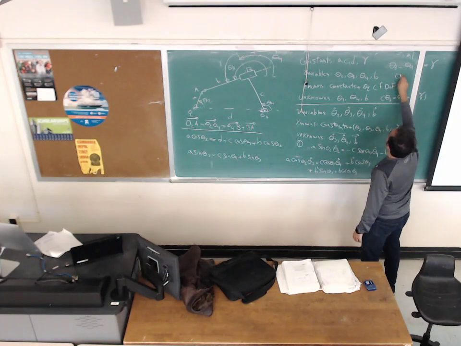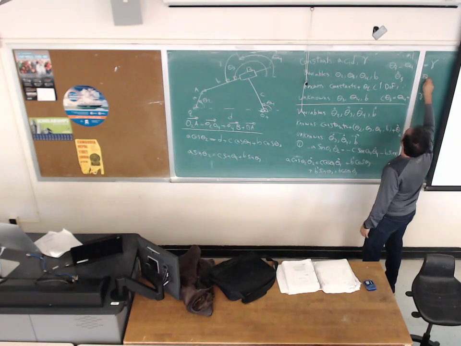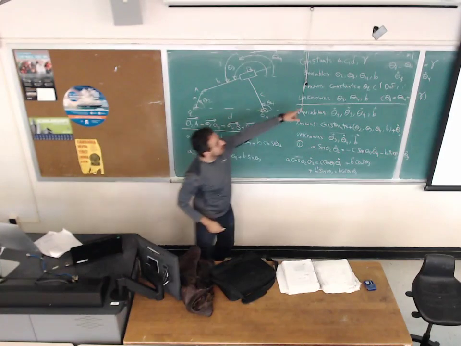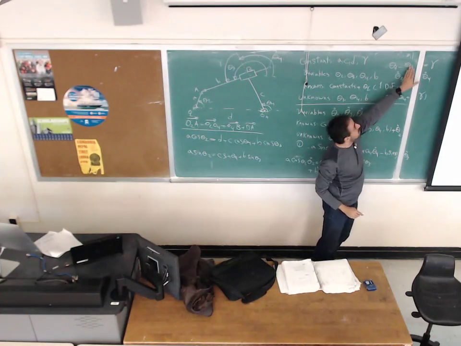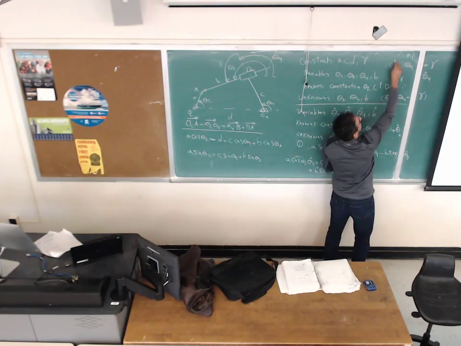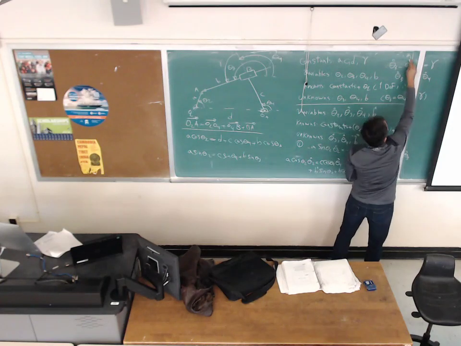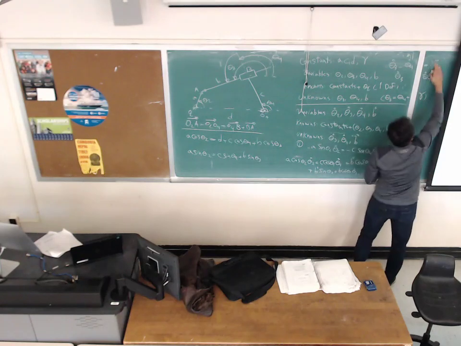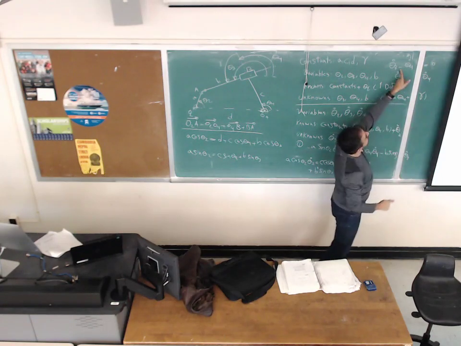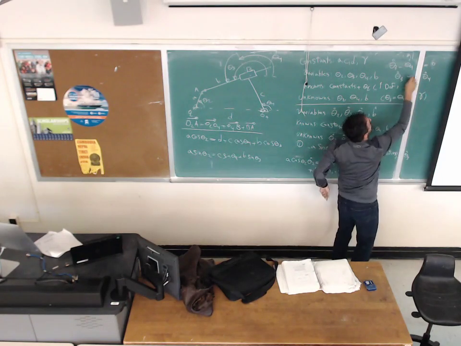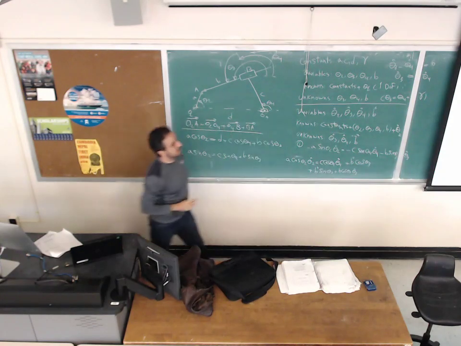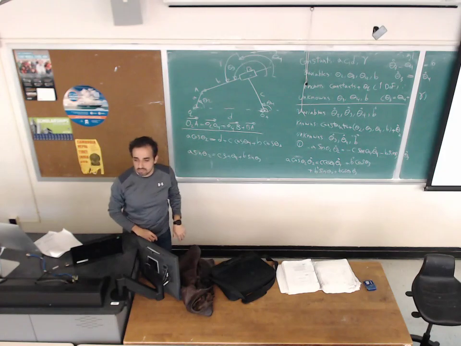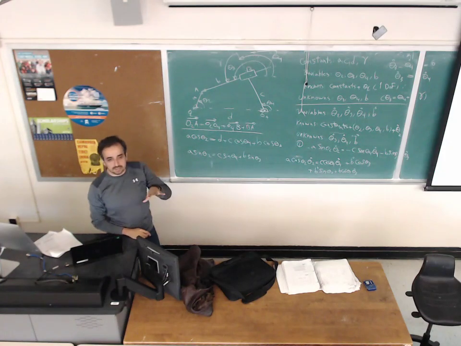Now I'm asking the correlation between theta dot 3 and theta dot 4. If you differentiate both sides, this side is going to be theta dot 4 minus theta dot 3. Gamma dot is not changing with time, so it's going to be 0. So basically, if you move theta dot 4 to the other side, the angular velocity of link 3 and link 4 are the same. Makes sense?